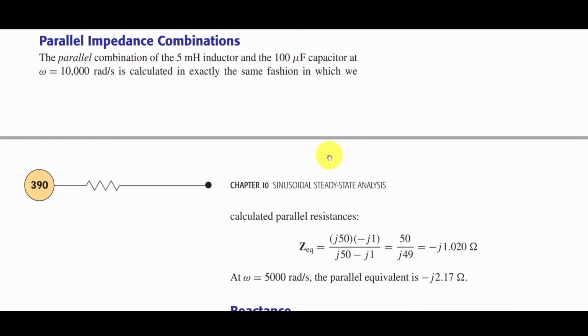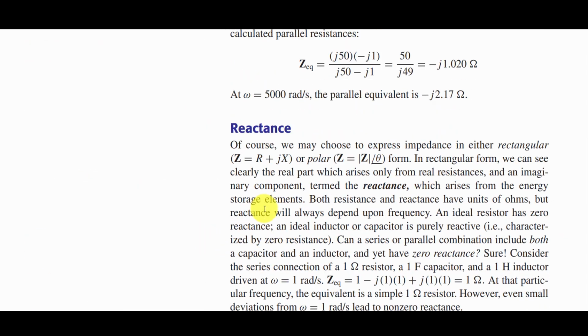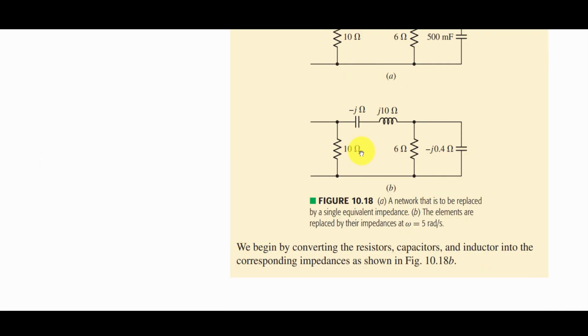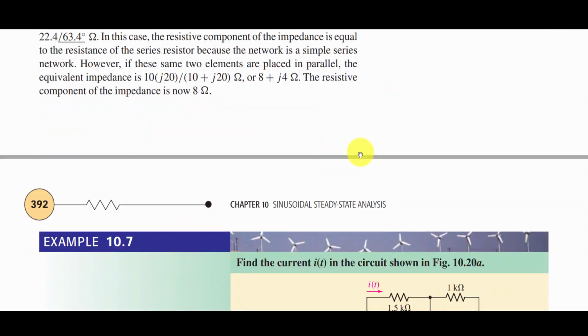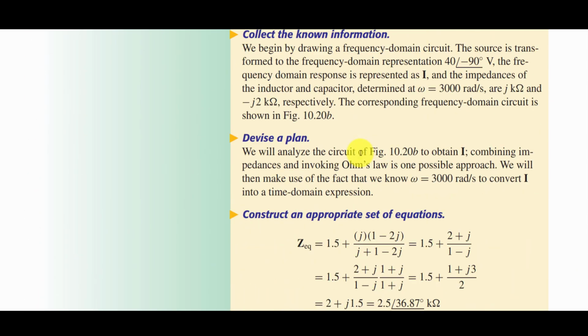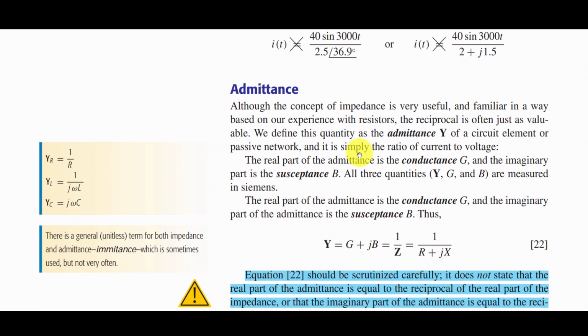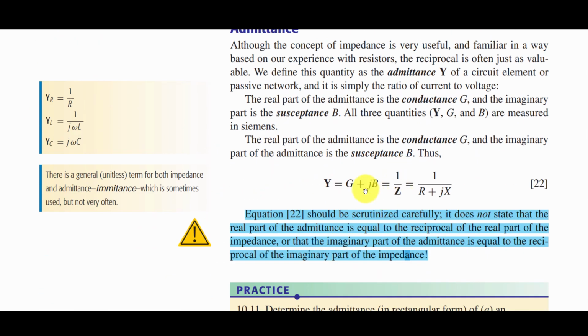The imaginary part of this impedance is known as reactance, and the real part is known as resistance. And the last thing here is what we call the admittance, that is Y equals 1 over Z, and we have 1 over R plus jX.